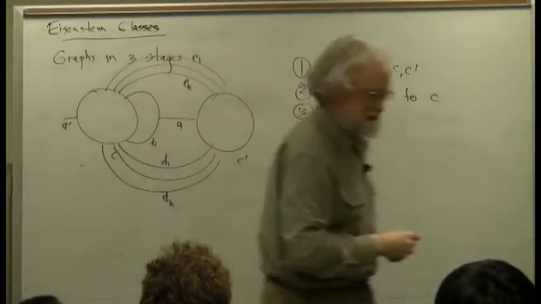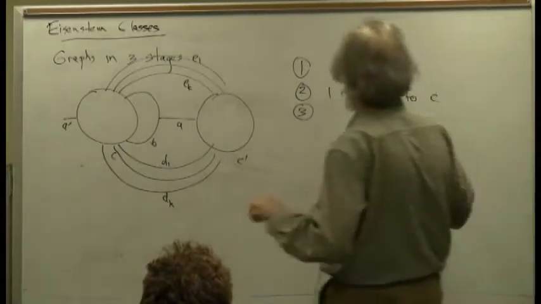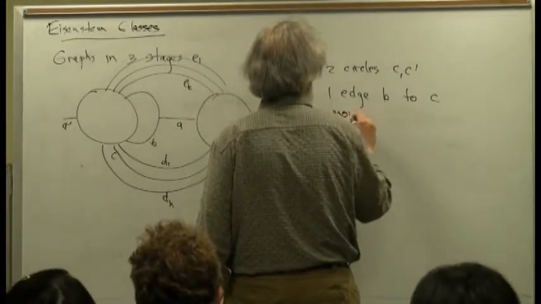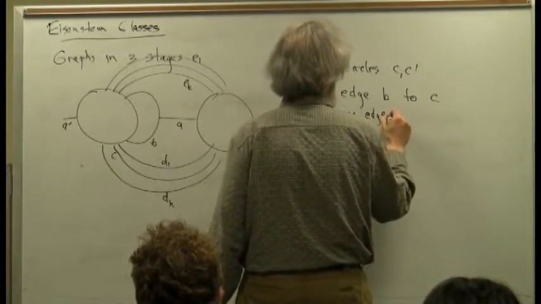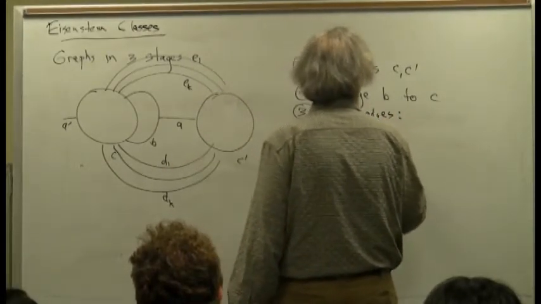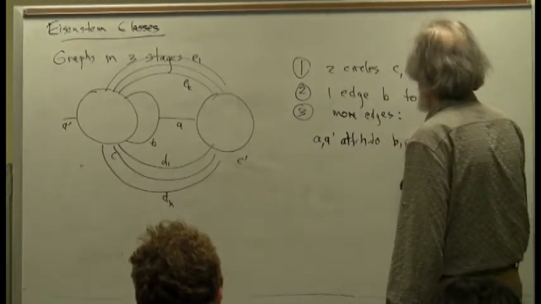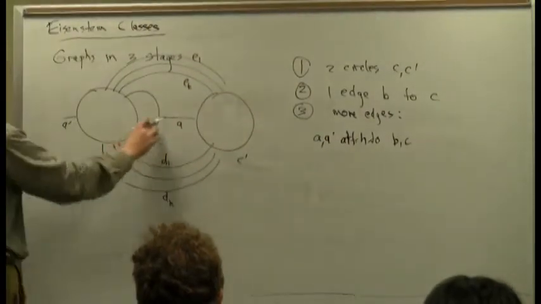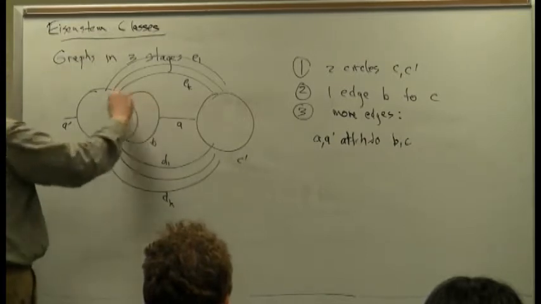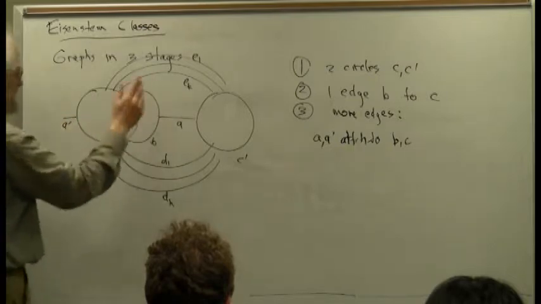I think that's all of the edges. So the rules are: A and A prime attach to B and C. I drew it with A attaching to B and A prime attaching to C, but this end of A can move all around B and C, and similarly, where A prime attaches can move all around B and C.